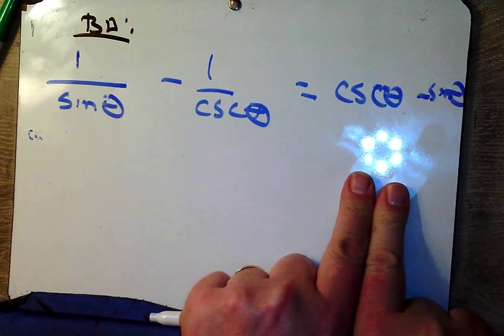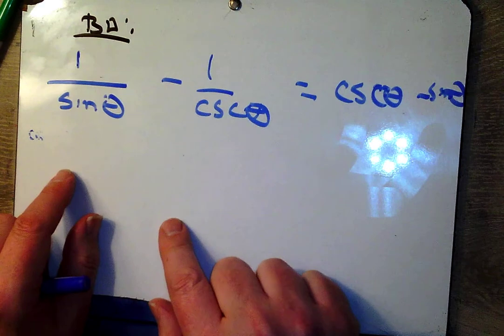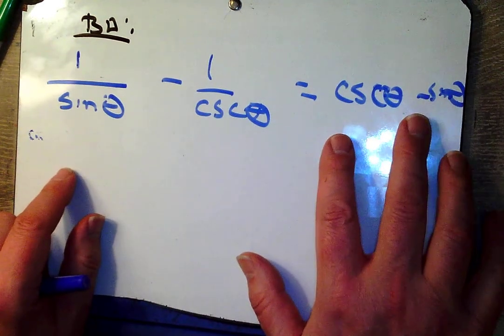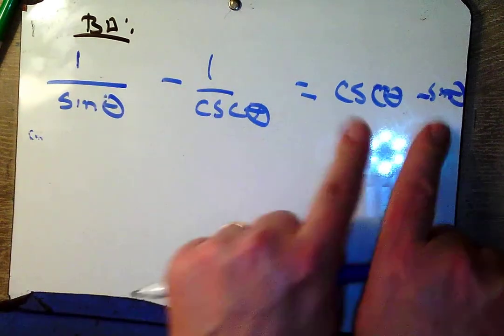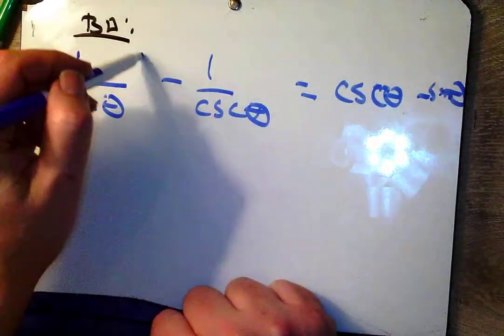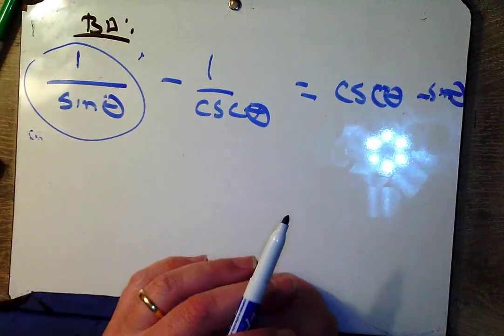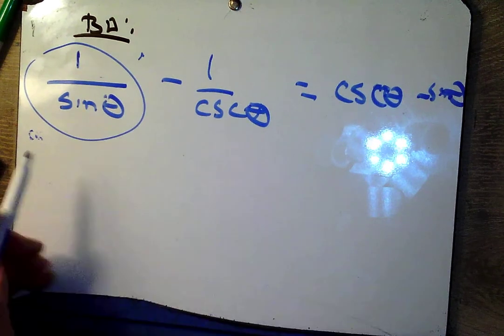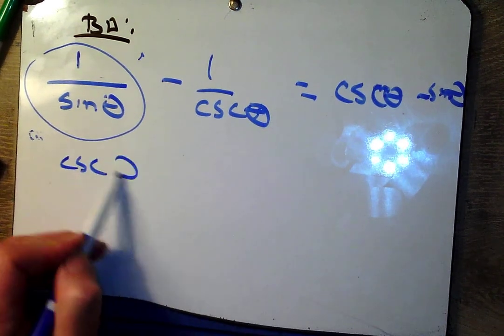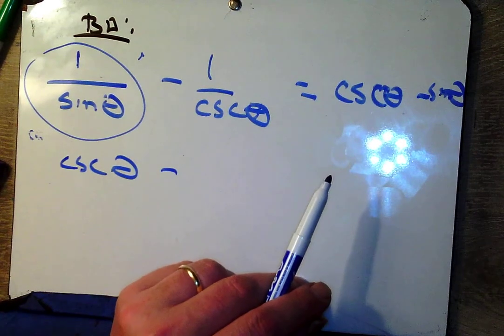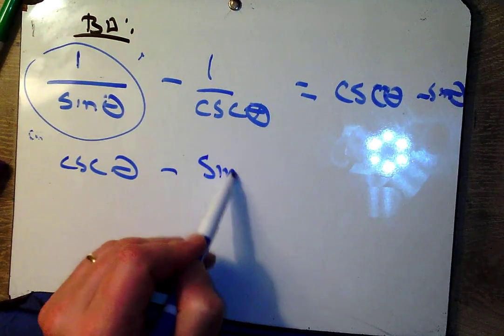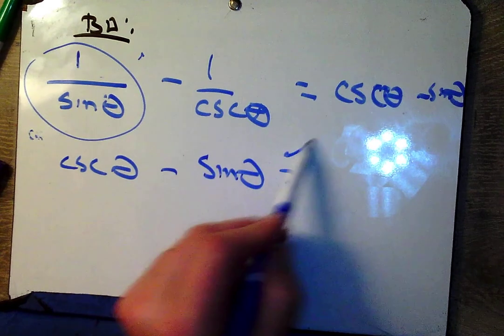And there's two things over here. So why go from two things to one thing when you could just go two things to two things? In fact, don't we have a reciprocal identity for 1 over sine? That's equal to cosecant. And don't we have a reciprocal identity for 1 over cosecant? Sure do. It's sine. And we're done.